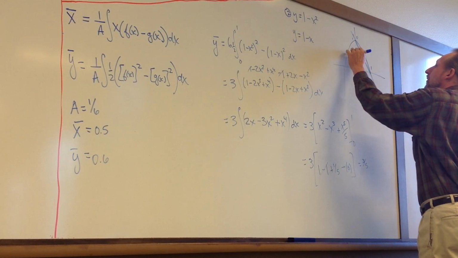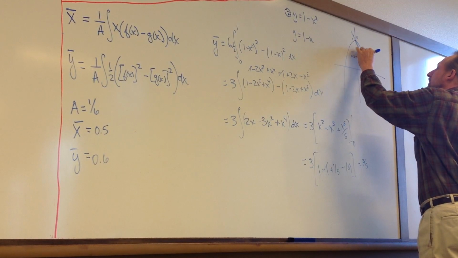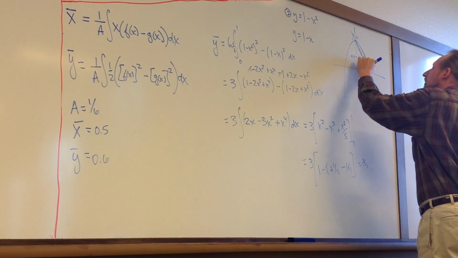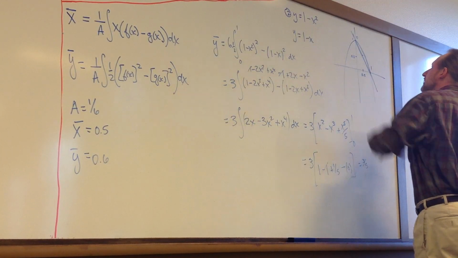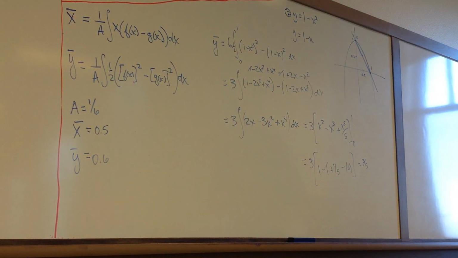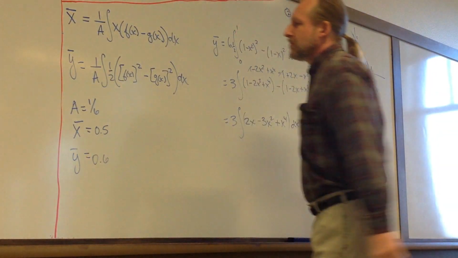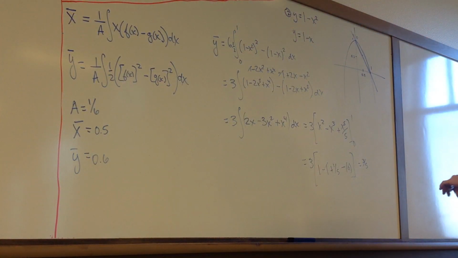And this is 0.1, there's 0.5, so 0.6 is right in about there. And then I'm just going to put it right there. It's hard to say how accurate my drawing is. But in any event, it looks like our x bar and y bar should be at 0.5 and 0.6.